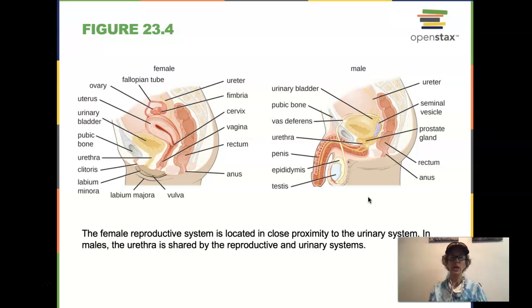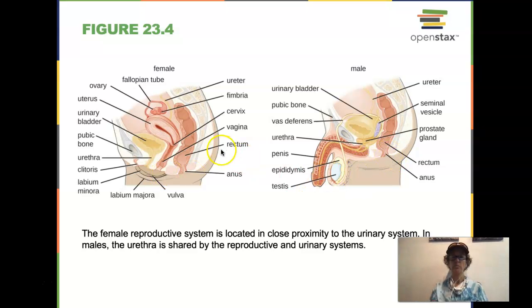Side view of 2 different reproductive tracts. In bodies that have a penis, as I mentioned, the urine and the reproductive fluids exit through the penis, and the prostate gland contributes to those secretions. Whereas in bodies that have a vagina, we've got the urinary opening, the urethra, and the reproductive opening, the vagina, quite close to each other.